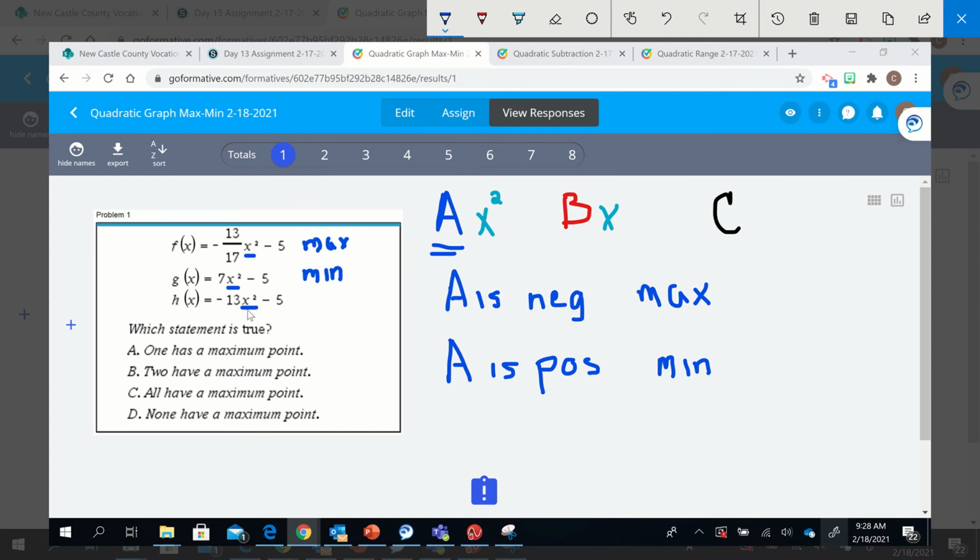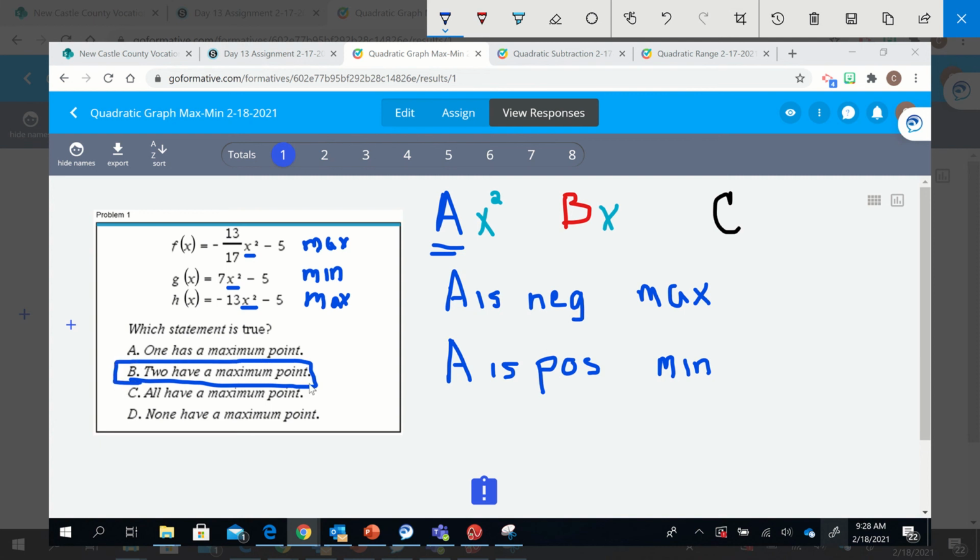And the last one, this coefficient is negative, so when it's negative, it has a maximum. So I have two maximums and one minimum. In this case, I know the answer is going to be answer choice B, because I have two maximums. So B is the answer.